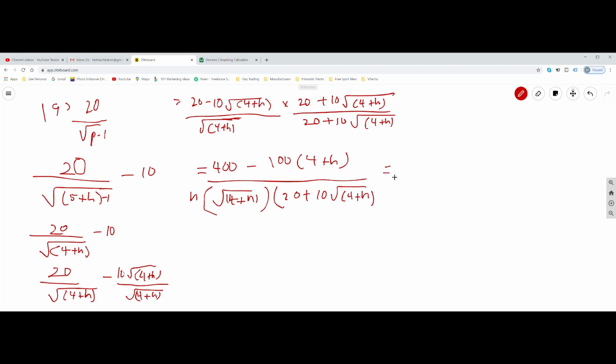So you're left with negative h. No, negative, sorry. You're left with negative 100h over h square root 4 plus h over 20 plus 10 square root 4 plus h.